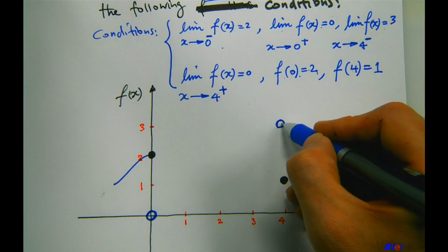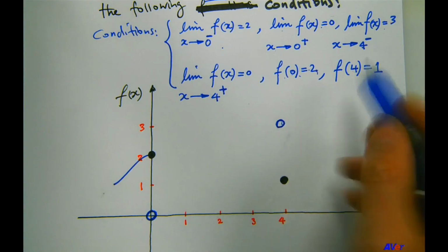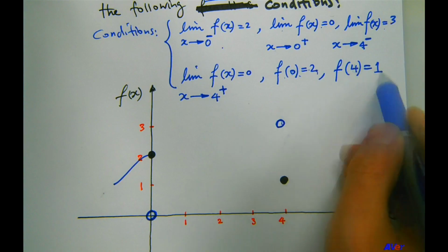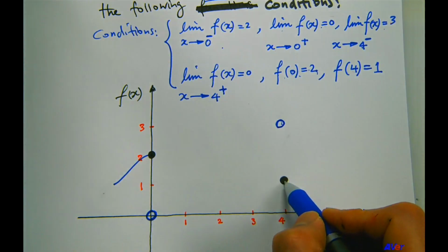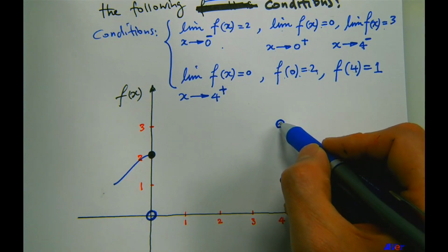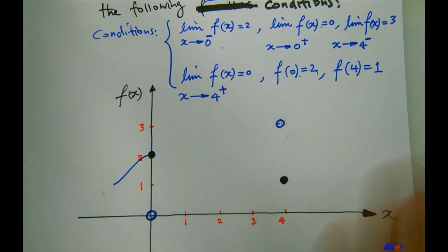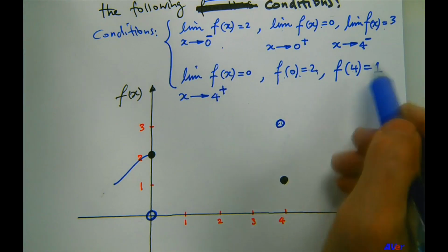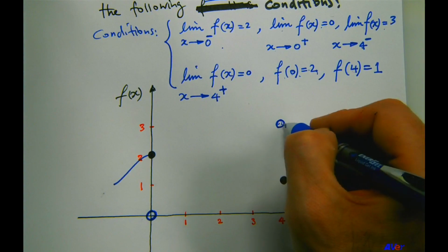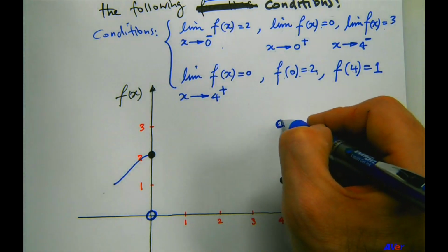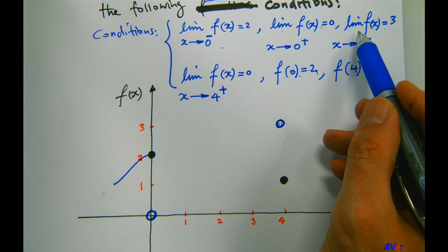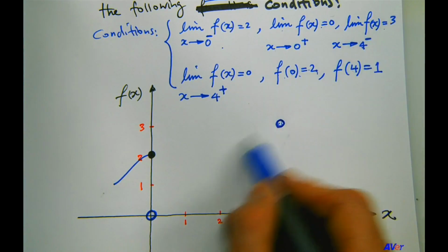Why not a filled-in circle? Well, because we know at 4, the function value is equal to 1. It can't be the other value too. At x equals 4, the function has just one value. So this cannot be a filled-in circle. It has to be a hollow circle. But the nice thing about it is that now I can draw a line from here to here.